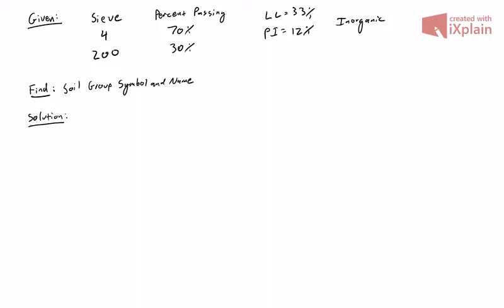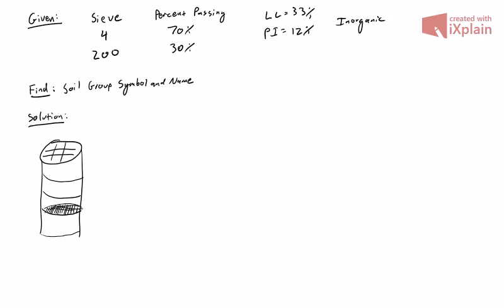So for this percent passing in the sieves, if you remember from the videos, the way we classify soils is we have a stack of sieves and we essentially shake them up. On the top you have a very coarse sieve, and on the bottom you have a very fine one.